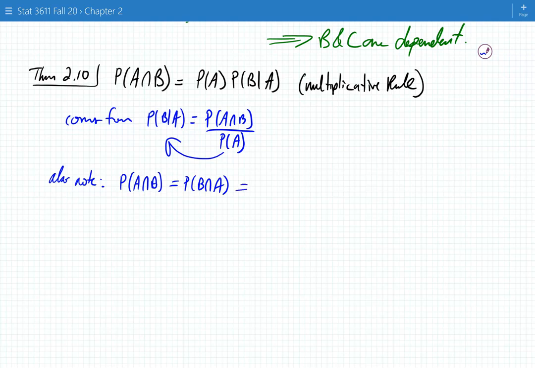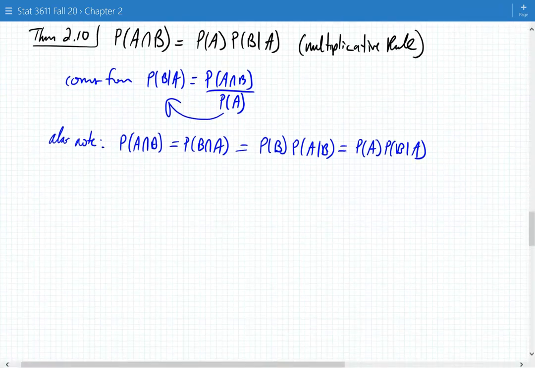Since these are equal, this can also be thought of as the probability of B times the probability of A given B, or the probability of A times the probability of B given A. Either way you want to think of it, that is how we can help make it shake down a little bit.